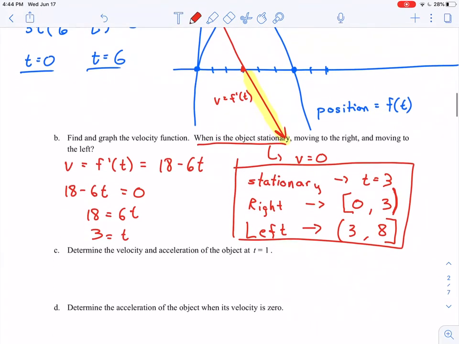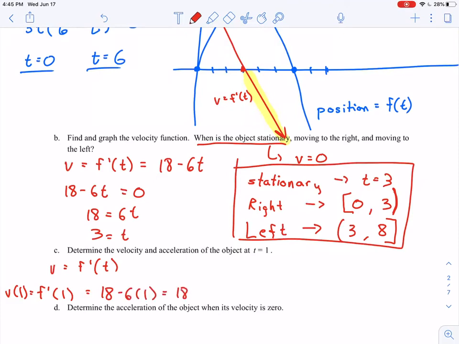Part C says determine the velocity and the acceleration of the object when t equals 1. This one's not too bad because we already have the velocity function, which is f prime of t. So I'm just going to take 1 and plug it into my velocity function. So v of 1 equals f prime of 1 is equal to 18 minus 6 times 1.